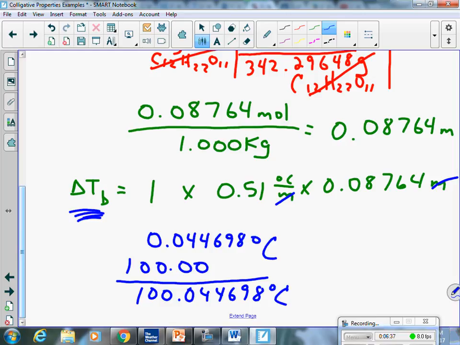Now, we tend to not put significant figures, and I forget how WebAssign does it. They might tell you how far to carry it out, okay? But we do not put significant figures because if we would, I would have this being 3 significant figures, and that would read to be 100 and not 100.044698. So that's the reason that I did not sig fig my final answer.